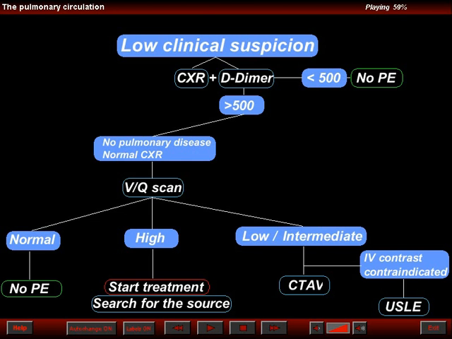With the situation, which is unfortunately quite common, of low or intermediate probability, one should consider the use of a computerized study of the pulmonary vasculature, that is CT arteriography, and if the contrast material is contraindicated, then we should use ultrasound of the lower extremity.